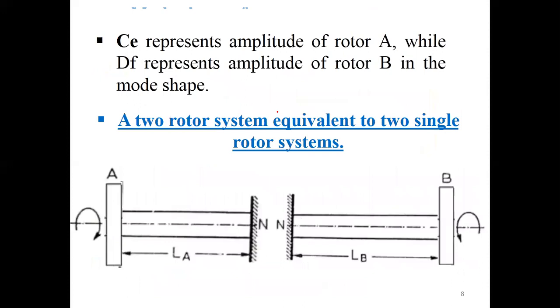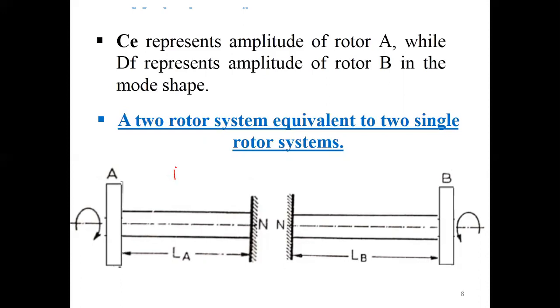Fine. Now we will proceed towards how to find the natural frequency of a two-rotor system, as well as how to find LA and LB in order to locate the node. For this purpose, we will draw two single rotor systems which, when combined together, will form the actual two-rotor system. Here you can see two single rotor systems.